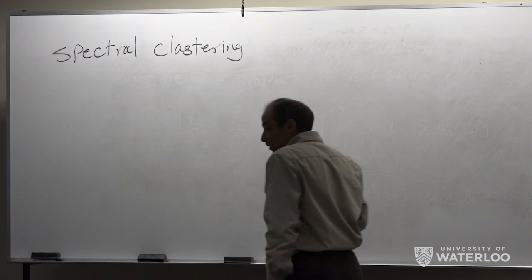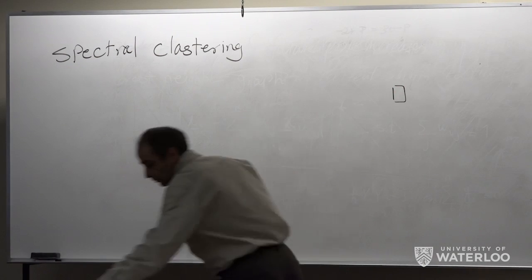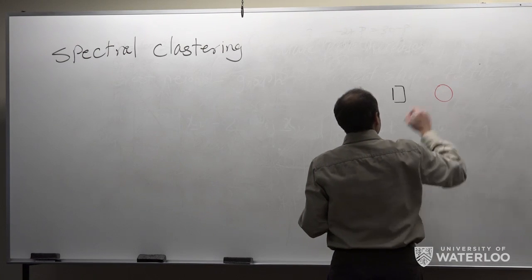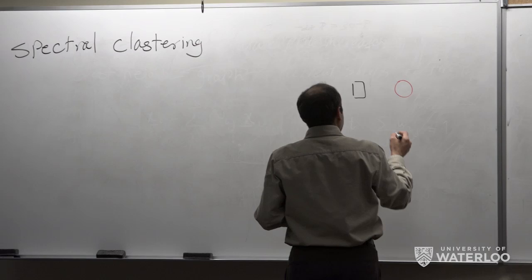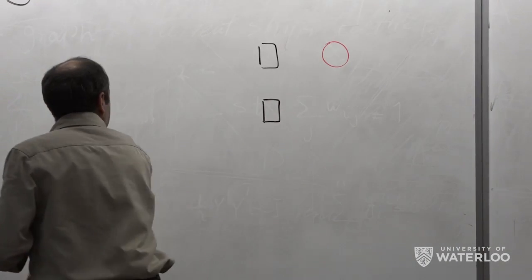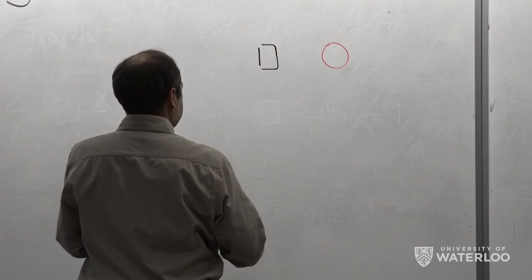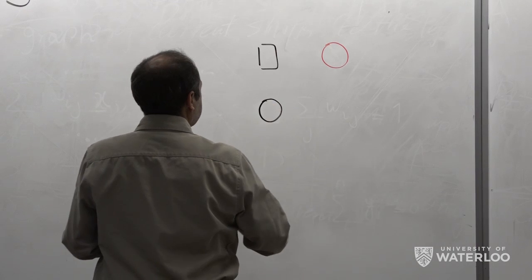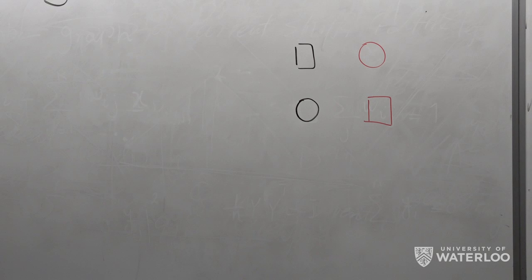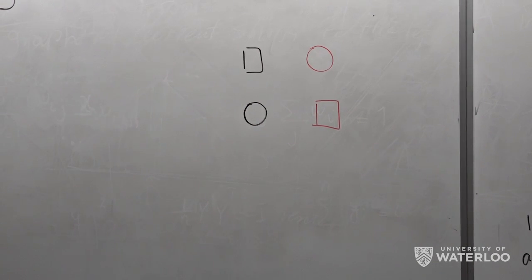But since spectral clustering is a clustering method, let me start with this example. If I ask you to cluster these objects into two clusters, how do you do that?